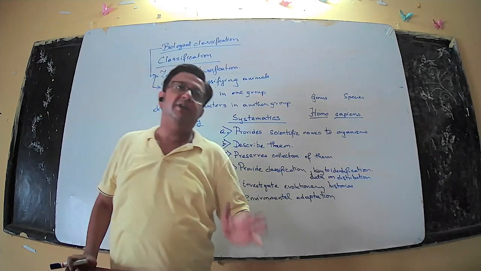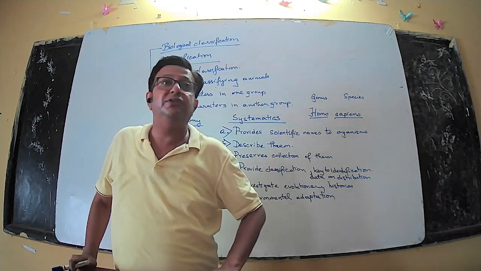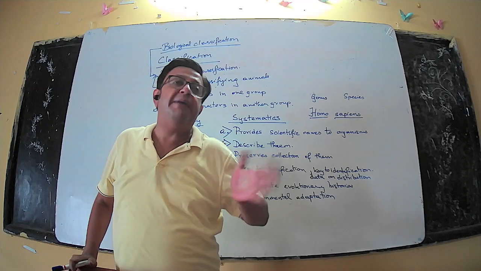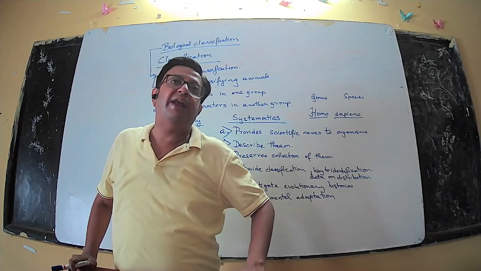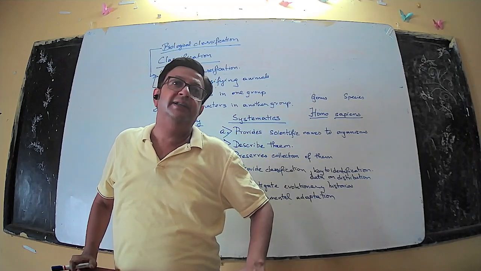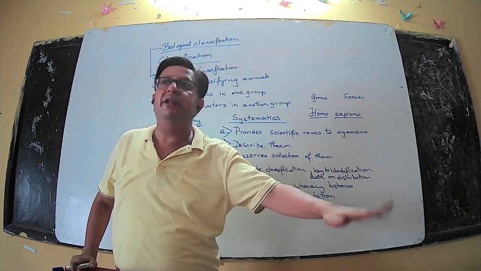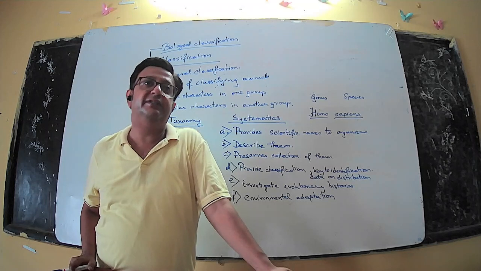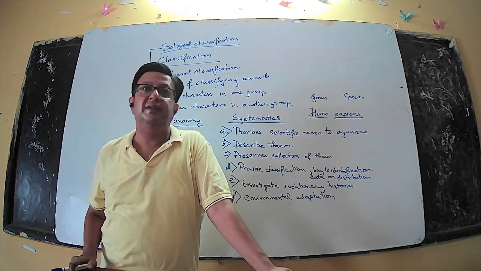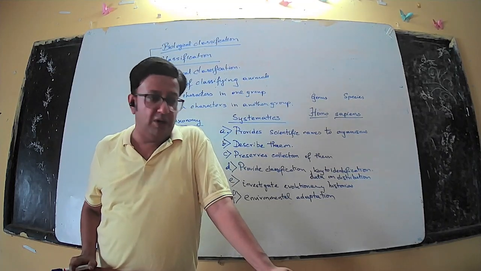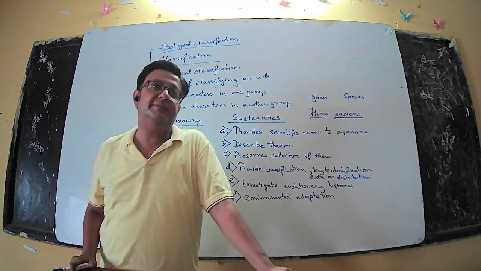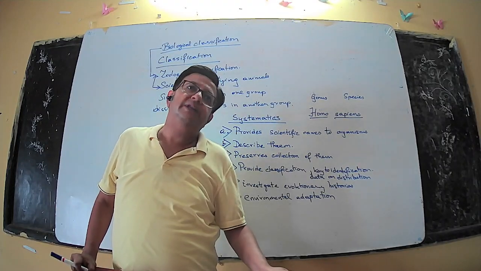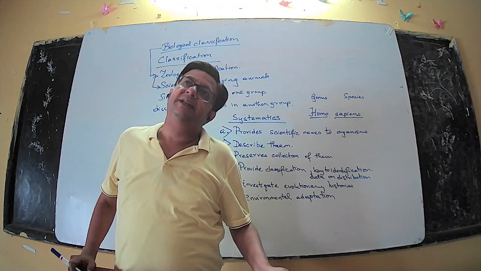So you have to study the adaptation also. There are mammals which are adapted for flight, like bats. There are mammals which are adapted to live underwater, like whales and dolphins, or the cetaceans. Some are adapted to the ground, like us. So things are in this particular systematics.